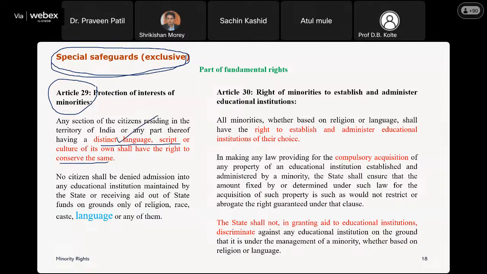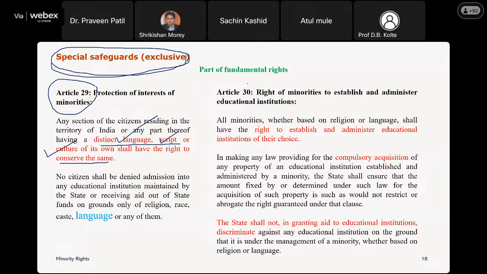If they have a distinct language, script, or culture, such distinct language, script, or culture can be conserved by that particular minority, and these rights are extraordinary in the sense that in order to prevail over these rights, the government should necessarily have an eminent interest, a predominant interest. Only then can these rights be trampled upon, which is generally not possible.